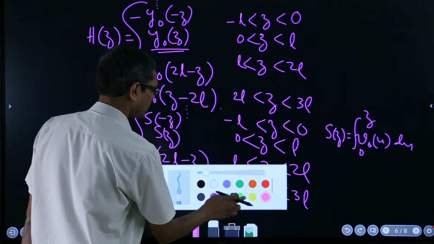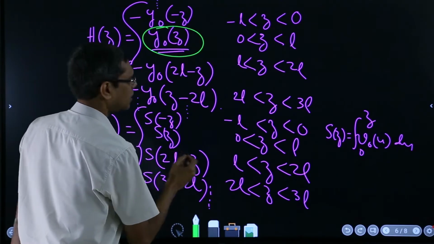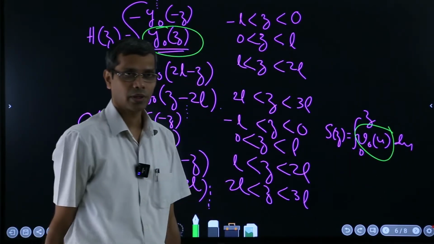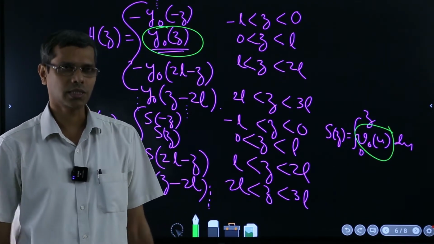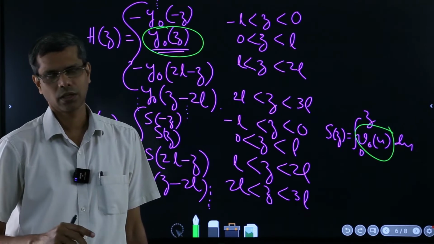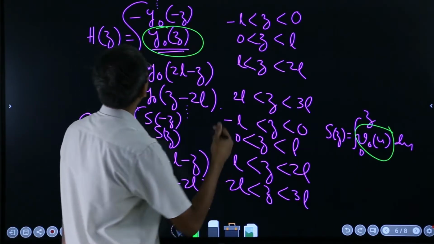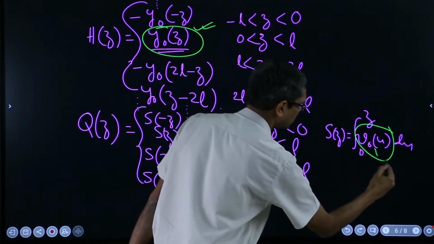What are the initial conditions? This is one initial condition, this is another initial condition, right? So these are the only two ways with which you can start this system. Any arbitrary initial condition means you are the owner of these two functions, y naught z, v naught z.